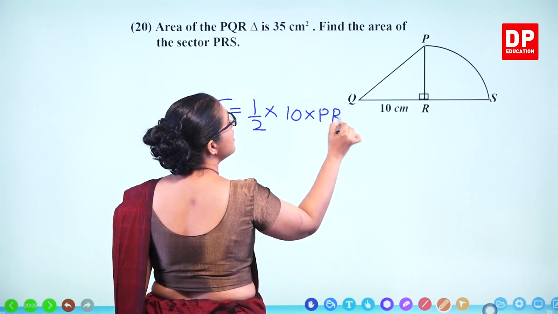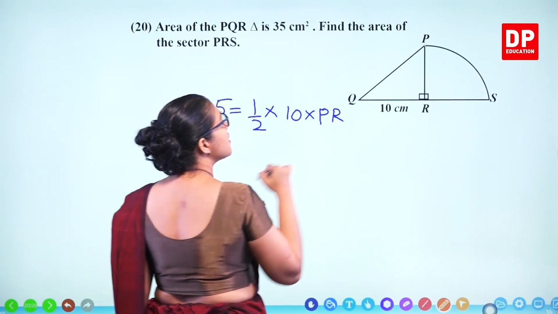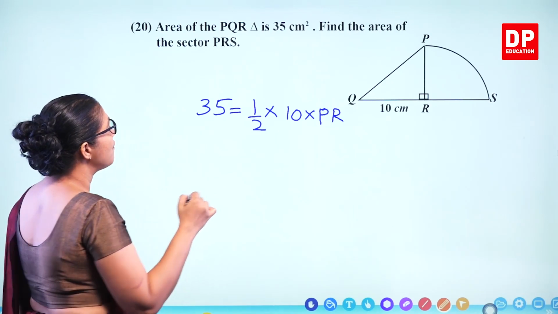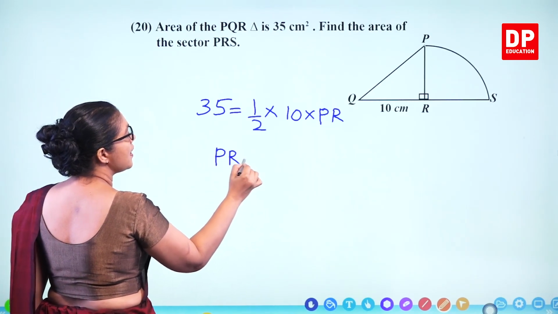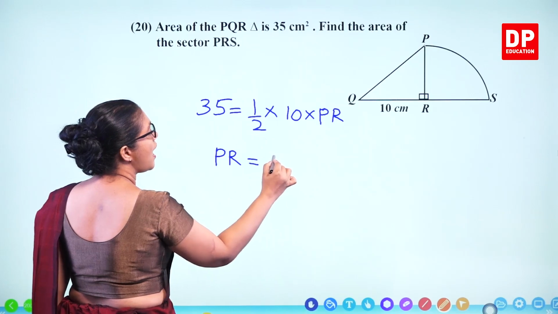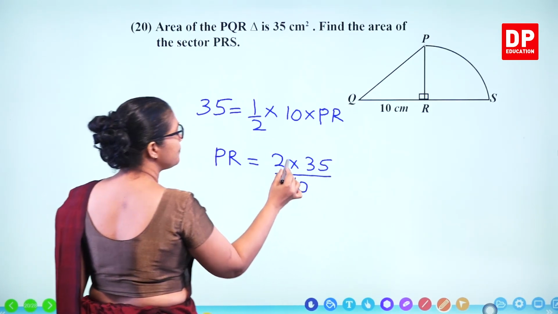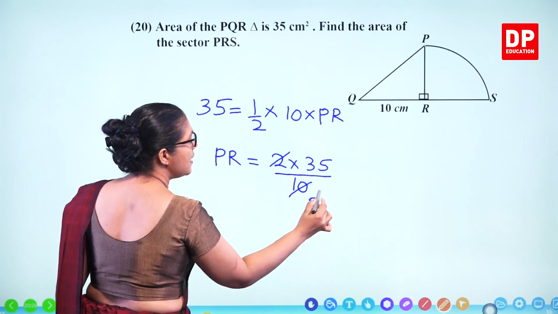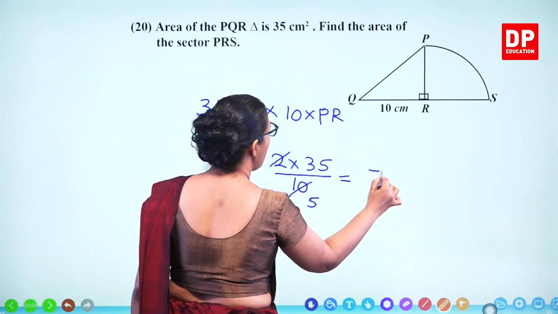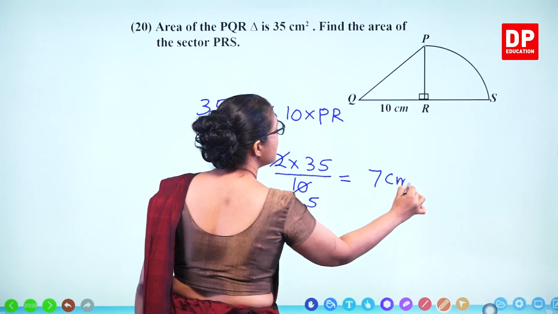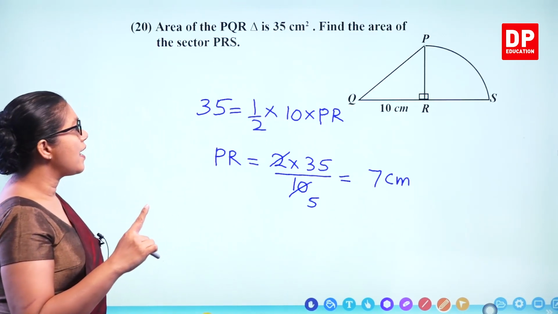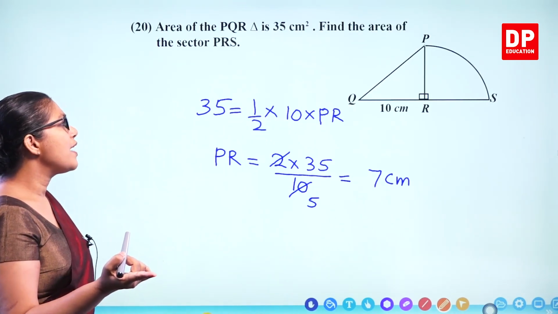PR is the height, perpendicular height. You can find PR from this. PR becomes 2 times 35 divided by 10. 2 times 35 divided by 10, that's 7 centimeters. So PR is 7. That means the radius is 7.